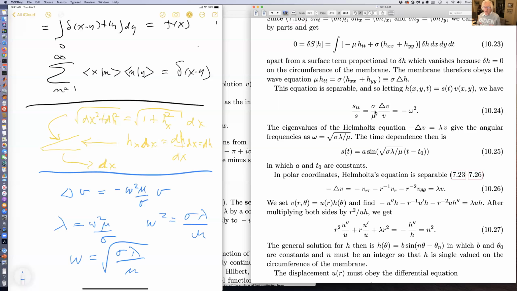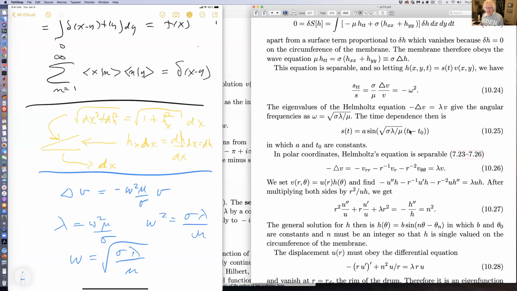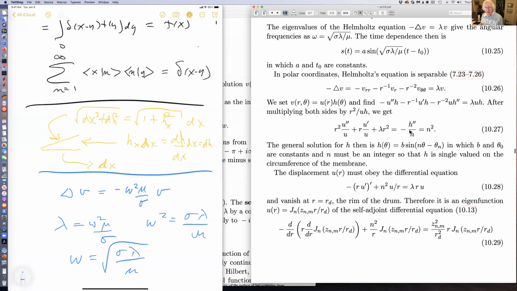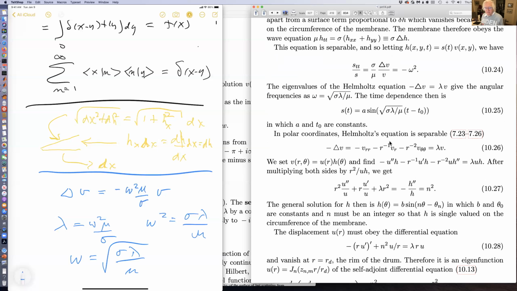Okay. So the time dependence for S then is this.